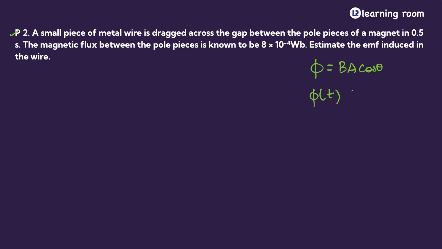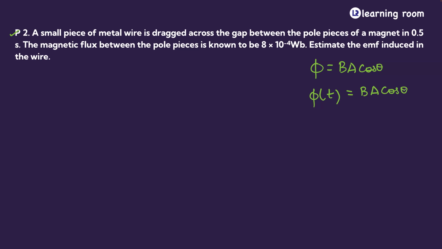So phi of t is equal to BA cos theta, and there are 3 parameters involved which decide the flux. One is magnetic field, one is area, and one is theta. Out of these 3 parameters, any one can change and the other 2 will be constant. Are you able to understand what I'm trying to say?